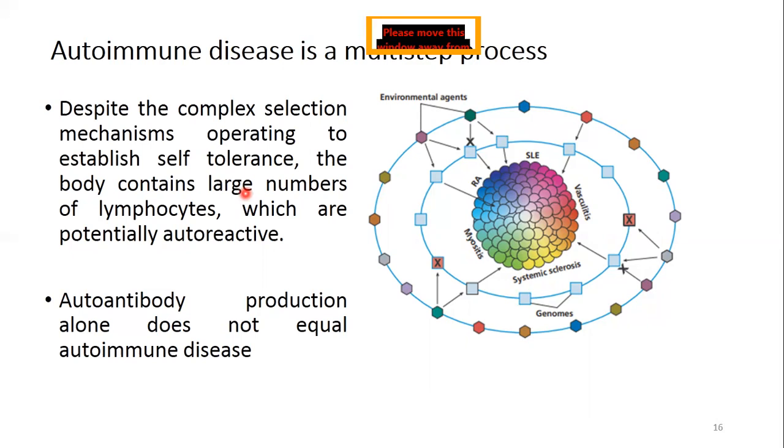Also, antibody production alone does not equal autoimmune disease because, for example, in about 8 to 13% of healthy humans, they have some kind of autoantibodies, for example, some anti-nuclear antibodies. However, they don't have the disease. So antibody production does not equal autoimmune disease.